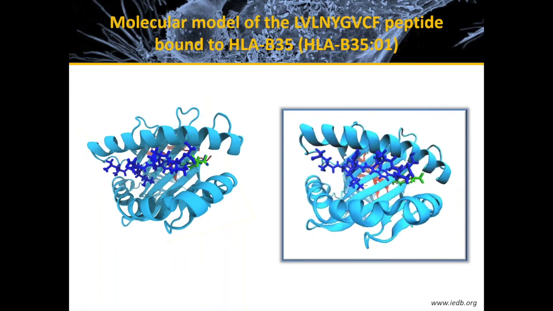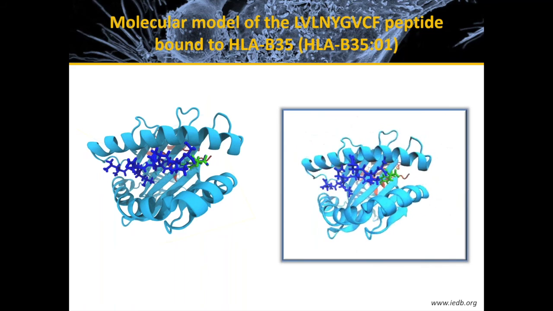We used the initial crystal structure of a complex of B3501 with a nonamer deposited in the Protein Data Bank, and then we mutated the initial binding peptide to the desired primary structure. The molecular model is seen on this slide, and phenylalanine, which is actually the mutant amino acid, is shown here in green.